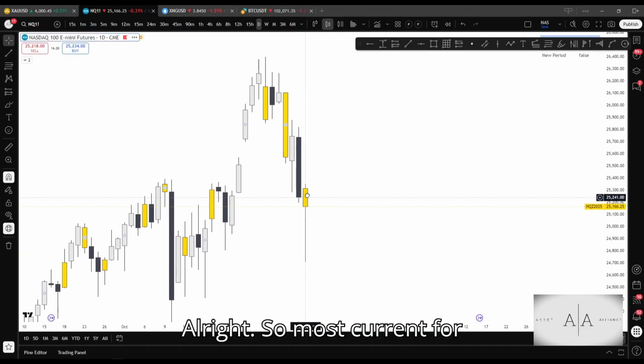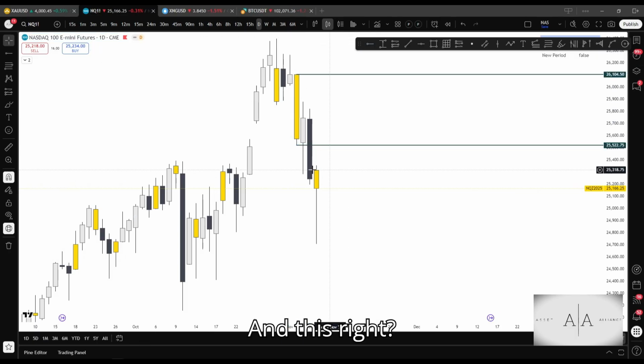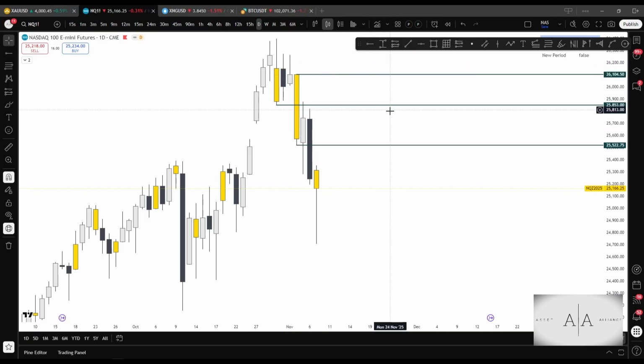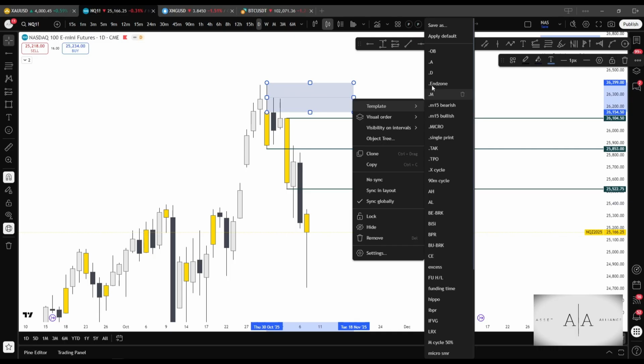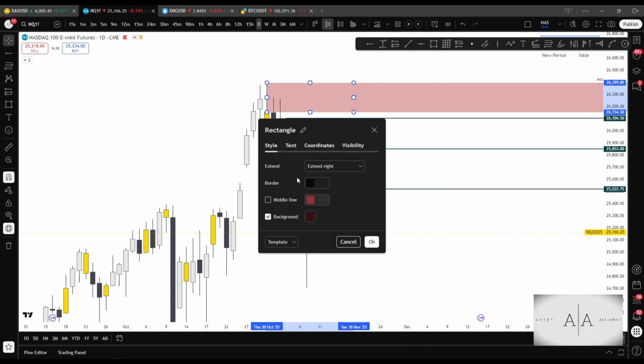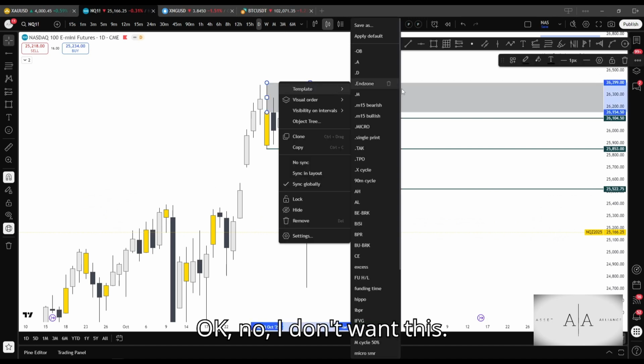All right, so most current fair value gap but PDA would be this and this, right? Then fair value gap got taken, this low, CE of this. Okay, no, I don't want this.